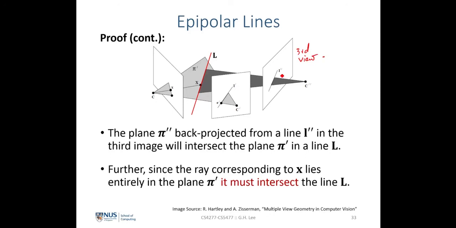And note that in this particular case, L'' can be any line on the third view that is in the incidence relation with the point in the first image and the epipolar line in the second image. And let's call the intersection of this back projected plane from the line correspondence in the third view, L'', with the epipolar plane as this line over here, which we denote as capital L over here.